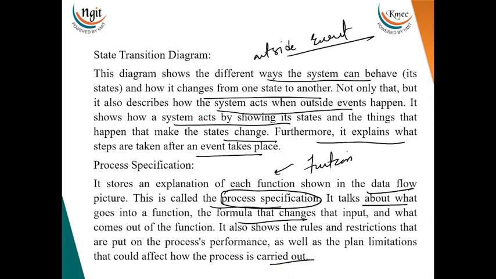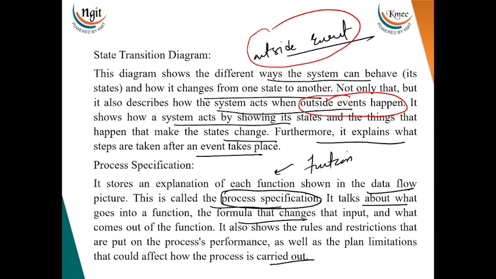State transition diagram. This diagram shows the different ways the system behaves in response to an outside event. It shows how the system changes from one state to another. Not only that, it also describes how the system acts when an outside event happens. You are using your mobile phone, and suddenly a message comes from WhatsApp. How does WhatsApp respond to an outside message?